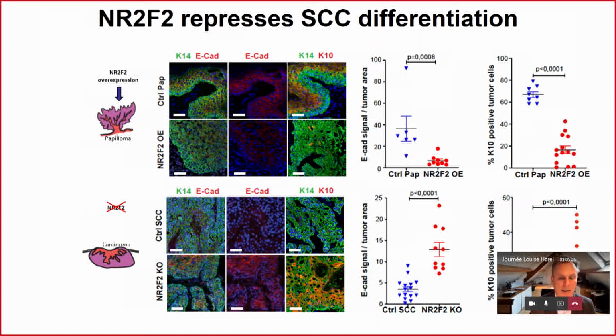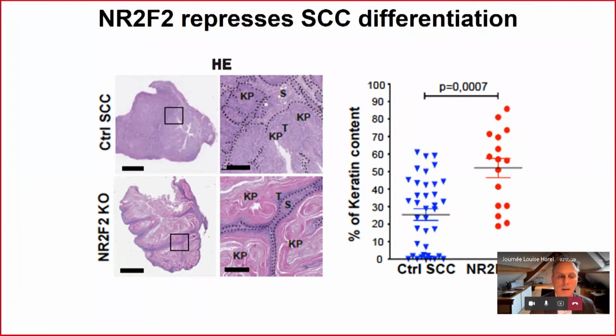Next slide. And when you look at H&E, you transform this tumor into a completely differentiated tumor mass, full of keratin material. And this keratinization you see here in pink. And so, next slide.